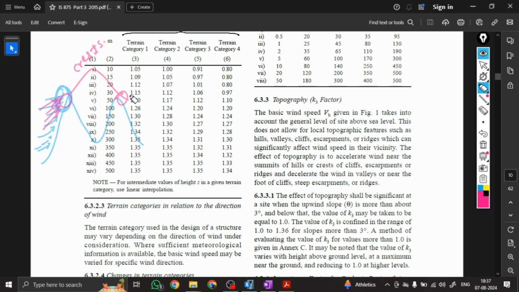Here wind speed will be accelerated. This is called the crest; if a crest is present then it accelerates the wind. If escarpments or ridges are present, I will show you.